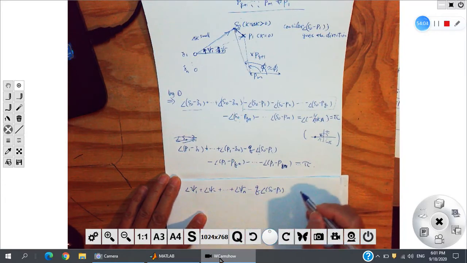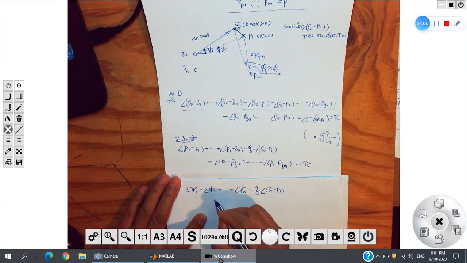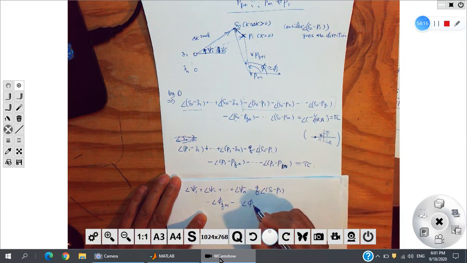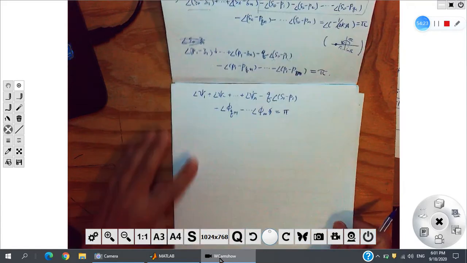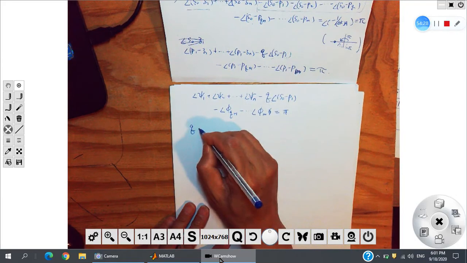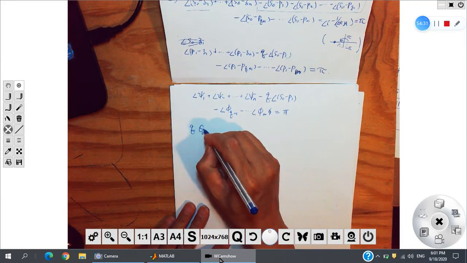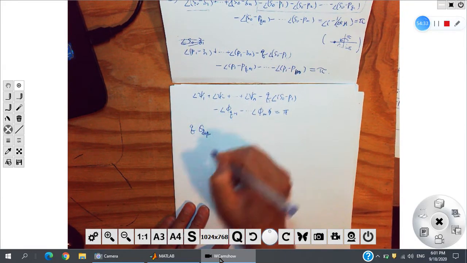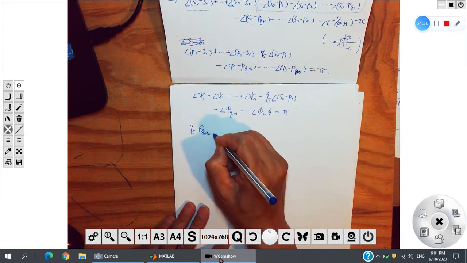And minus this phi, this is ver phi, this is phi q plus 1 minus phi m equal to pi. Equal to pi. So q times this angle I write as the departure angle of 1, from the first pole.